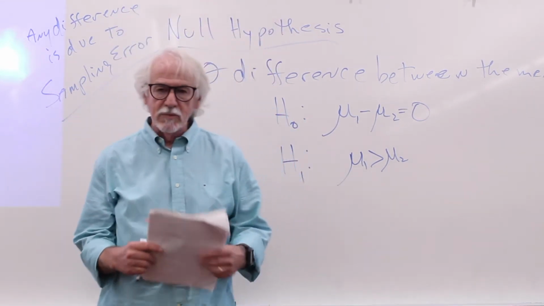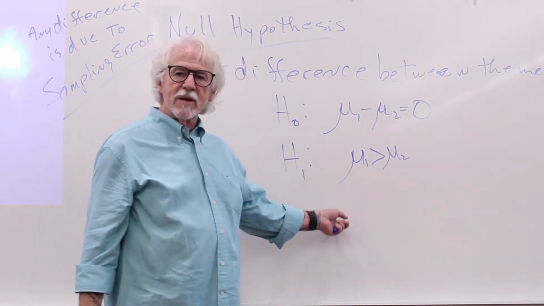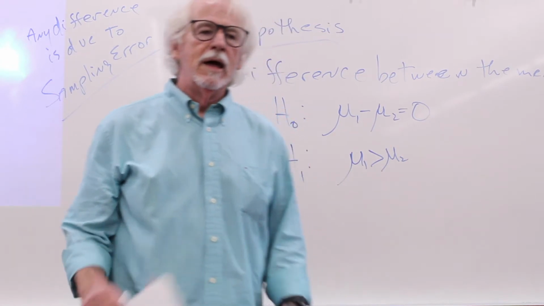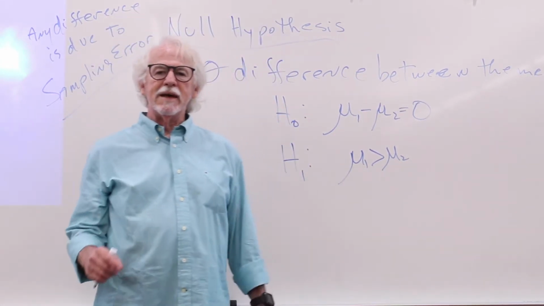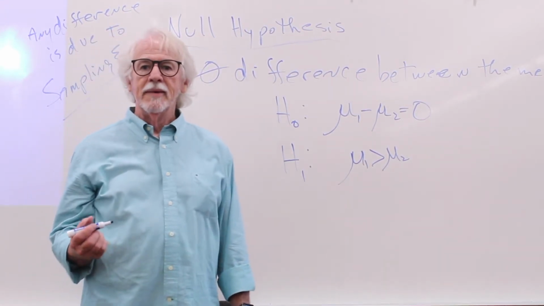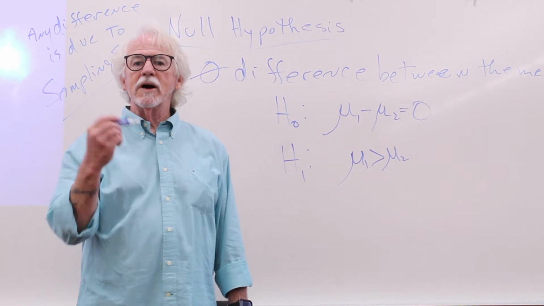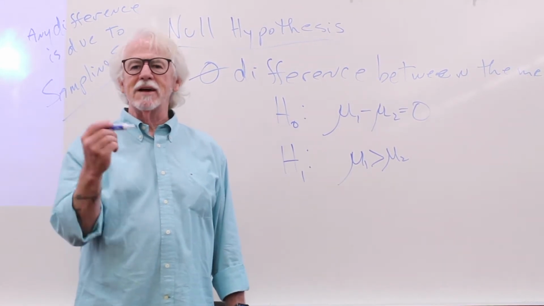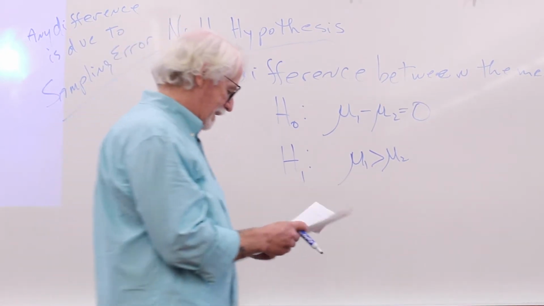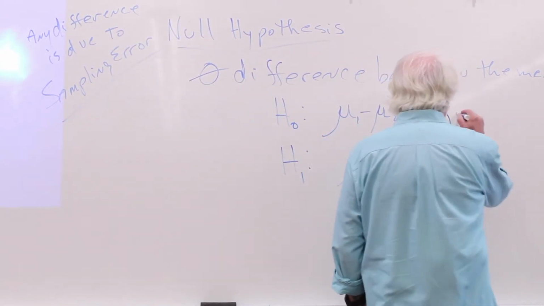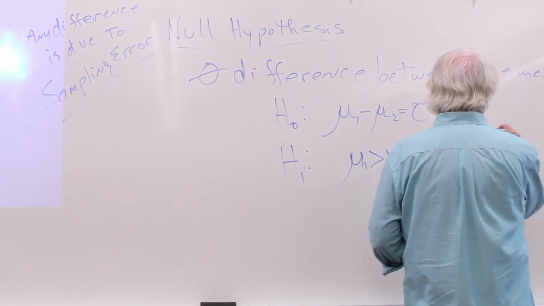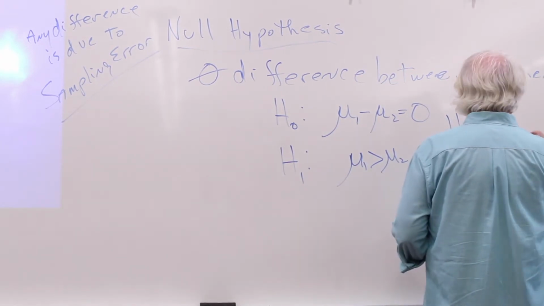Now, this is also what we call a directional hypothesis, because I'm actually saying one is going to be greater than the other, right? So I am making a definitive statement. There's also a non-directional hypothesis, which just says, I'm just saying there's going to be a difference, but I'm not going to go out on a limb and say which one is going to be bigger or smaller, right?